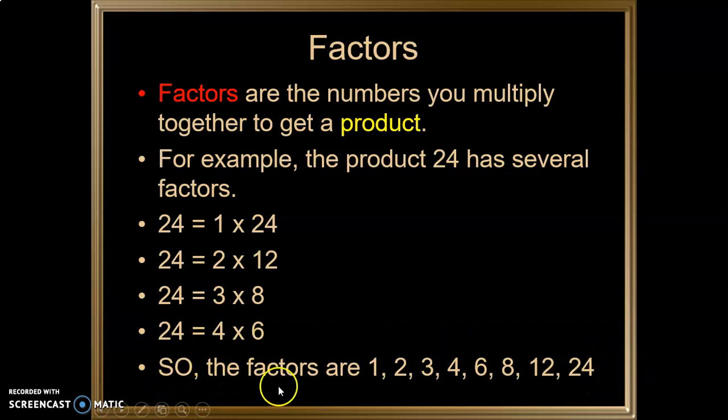These are the factors of 24. Why? Because 1 times 24 equals 24. These are the numbers that you can multiply to equal 24. And the product is 24. These are all the factors. Do you understand now?